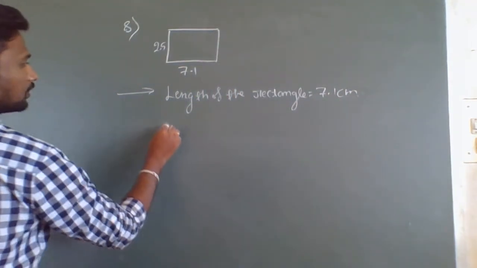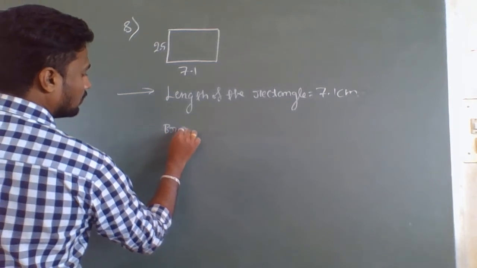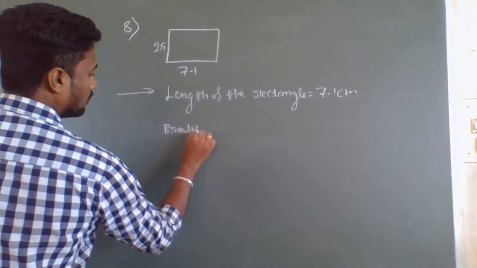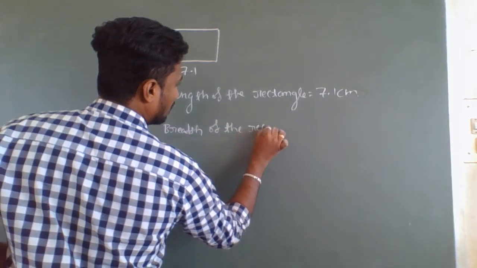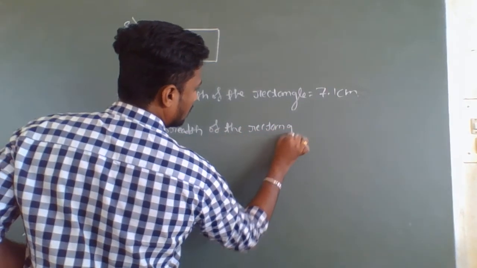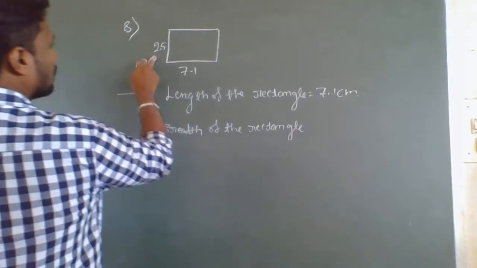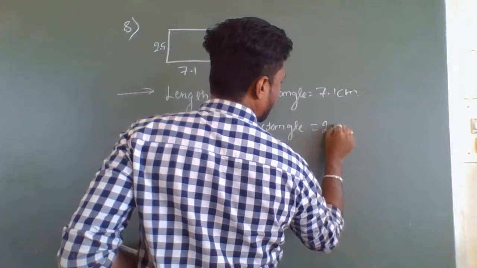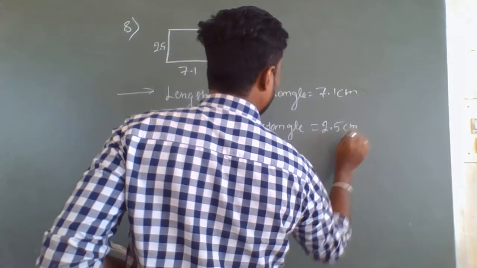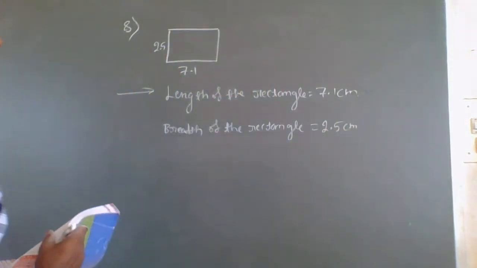Next, the breadth of the rectangle equals 2.5 centimeter.